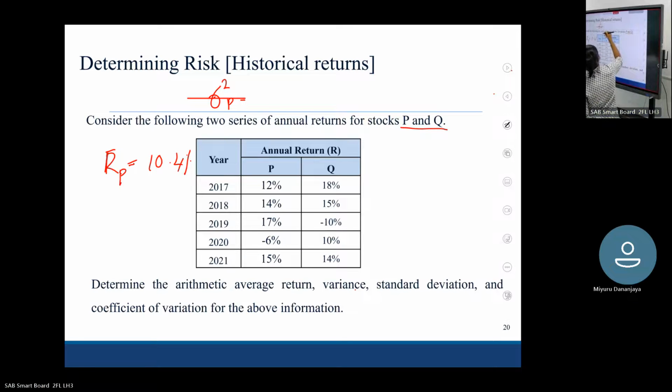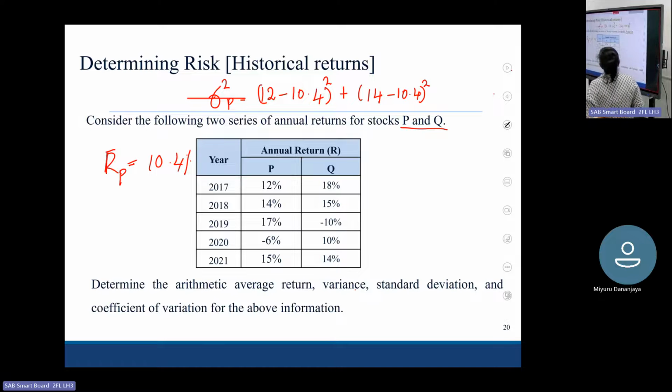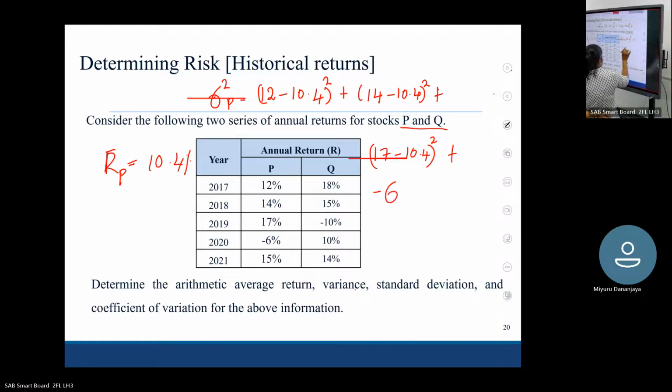Variance is equal to 12 minus 10.4, that is the deviation, plus 14 minus 10.4, plus 17 minus 10.4, plus minus 6 minus the average 10.4.